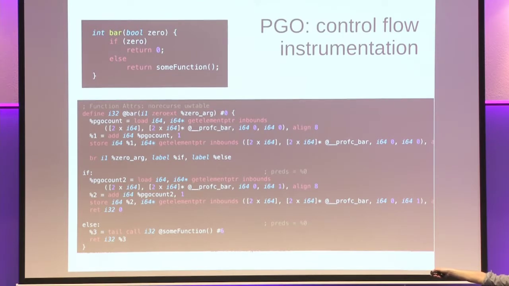If arg0 evaluates to true, we enter this branch here, and then again we increase a counter to track how often this branch was taken, and then we return 0. If arg0 evaluated to false, we go to the else branch here, and we just call some function. Note that there's no counter at the else branch.